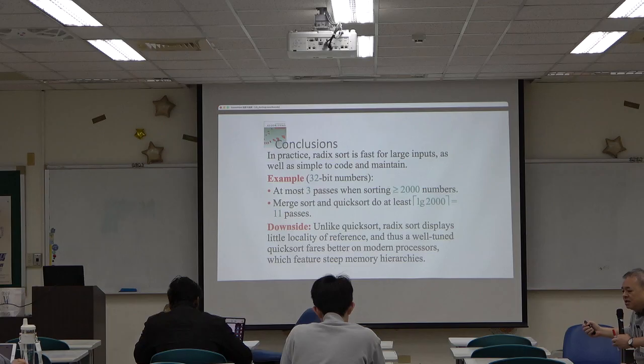Quick sort can be tuned for hardware acceleration more easily than radix sort. So even though radix sort appears to be faster for large numbers, in practice quick sort still has the advantage in terms of hardware acceleration.